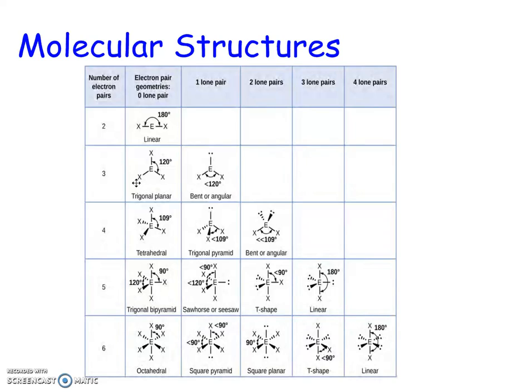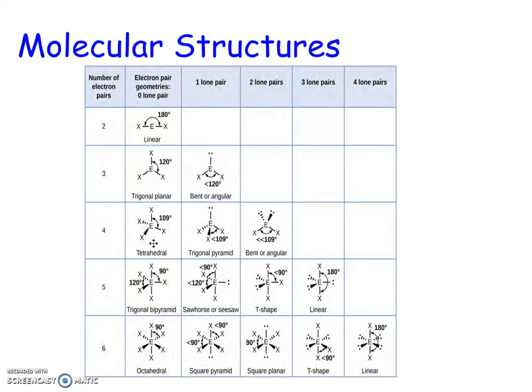So if I have a trigonal planar structure, and one of those is a lone pair, then that lone pair is essentially invisible when I'm looking at the structure, and those 2 atoms that I have left are in a bent shape. And if you remember, in the trigonal planar, the ideal bond angle is 120 degrees. That lone pair is going to repel it more, so the angle between those 2 will be a little bit less than 120 degrees.